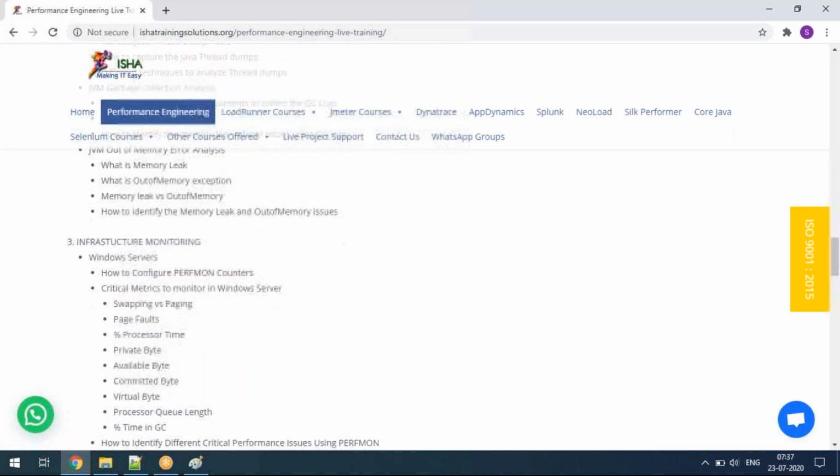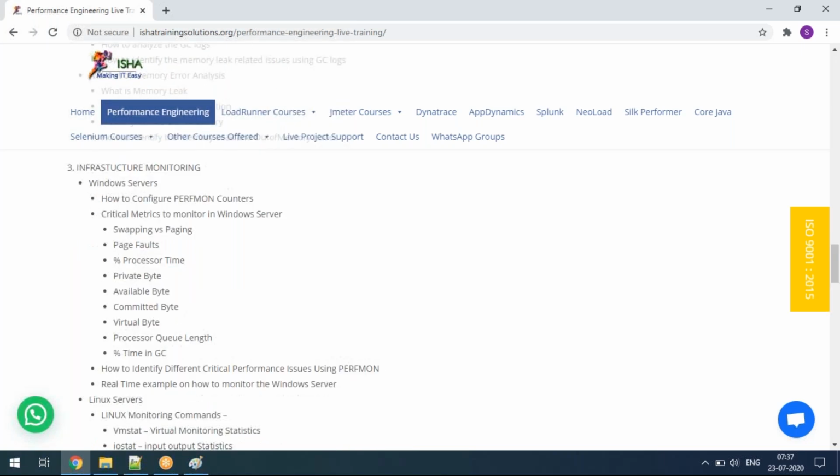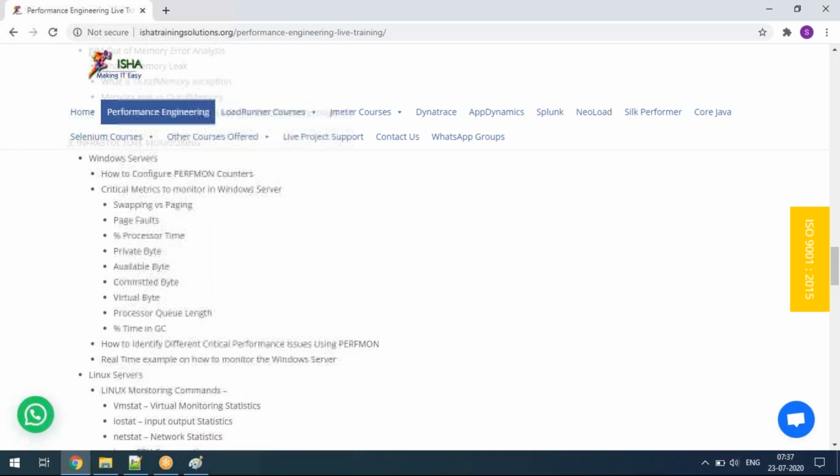Next, we are going to see infrastructure monitoring, guys. This is also very important, because if you have a Windows Server application, you are going to do performance counter understanding: the counters, basically paging, swapping, page faults. And if your application is on a Linux server, I'll show you in a Linux machine how to collect vmstat, netstat, iostat, nmon.